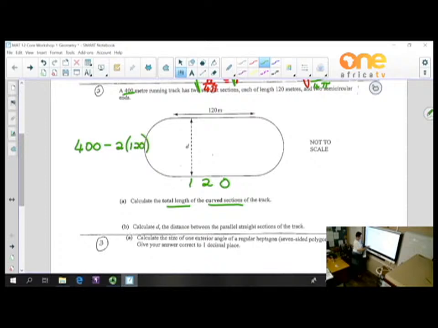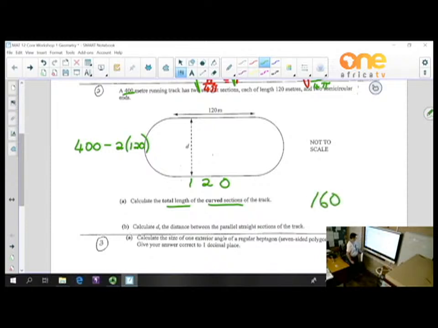And they want the total length, so we don't need to divide it by 2. So 400 minus twice times 120 is equal to 160 meters.